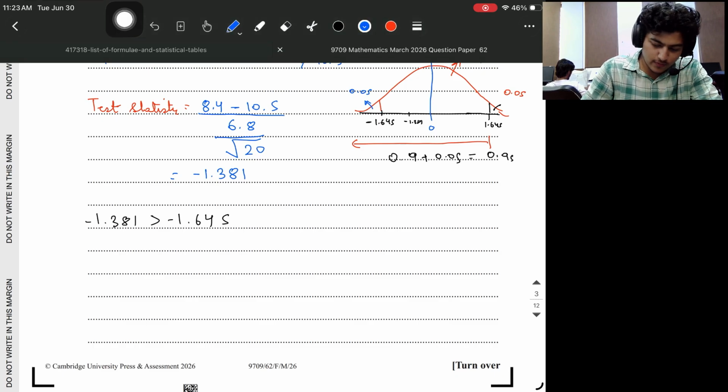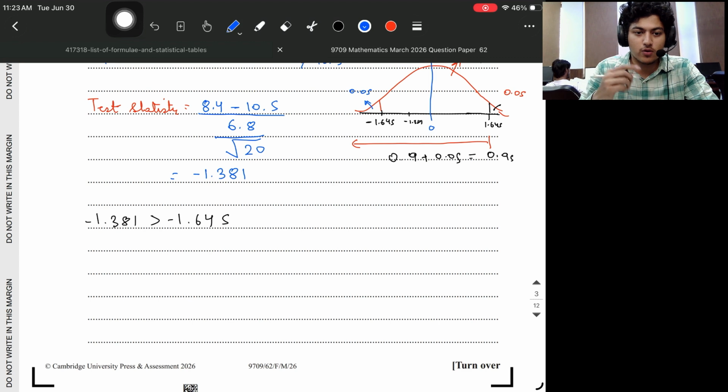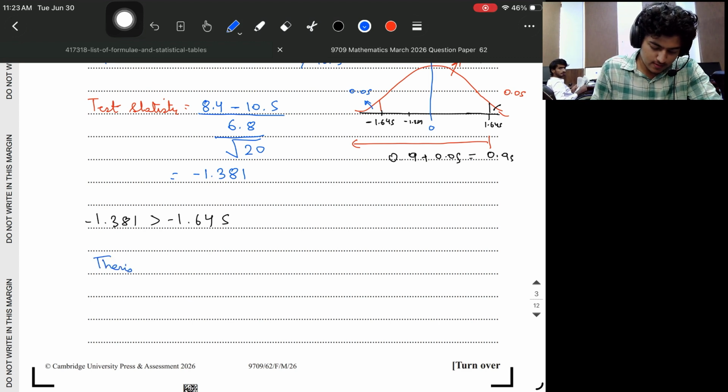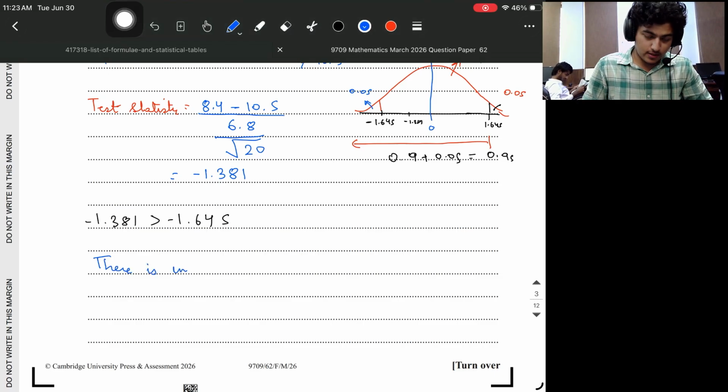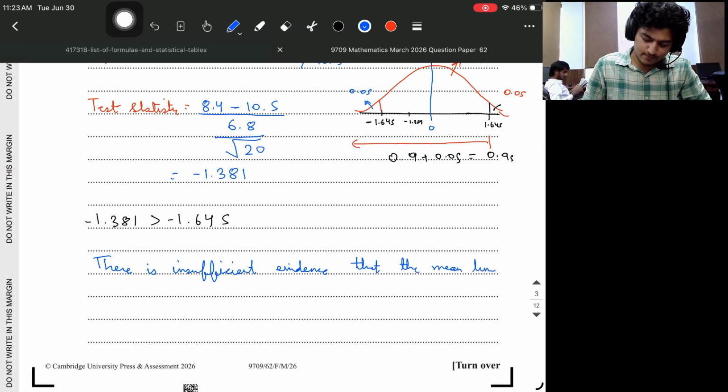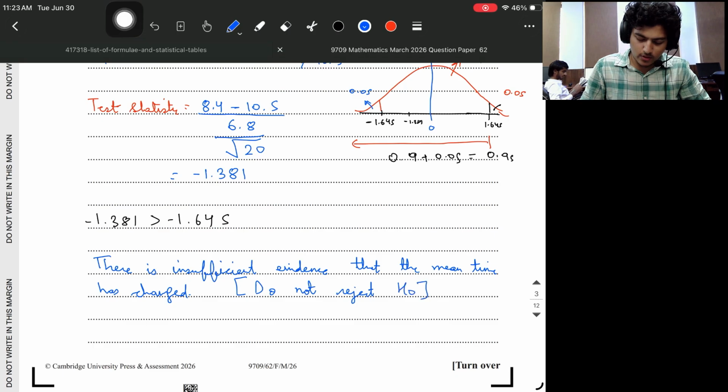Therefore the final answer that we'll give has to be contextual. So we will be writing there is insufficient evidence that the mean time has changed. And you could have also written that we will not be rejecting the original hypothesis, or H naught.